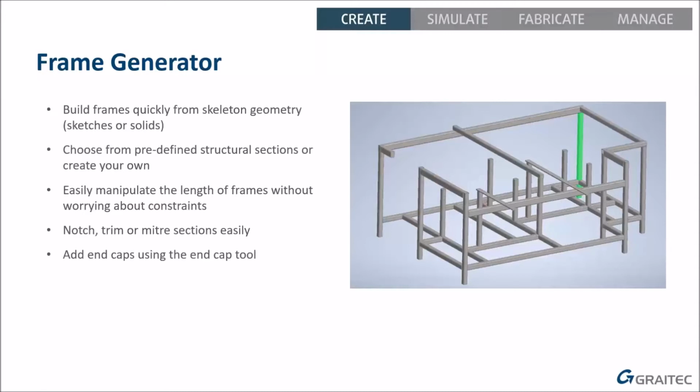We can then use the frame generator tool to create a particular section, so we can actually choose one of the predefined structural sections, or we can create our own structural section and publish it in. Once we've done that, we simply just have to click on the geometry that we want to place the section on, and it will drop the section in, and it will create the length according to the length of the line or according to the length of the edge of the model.